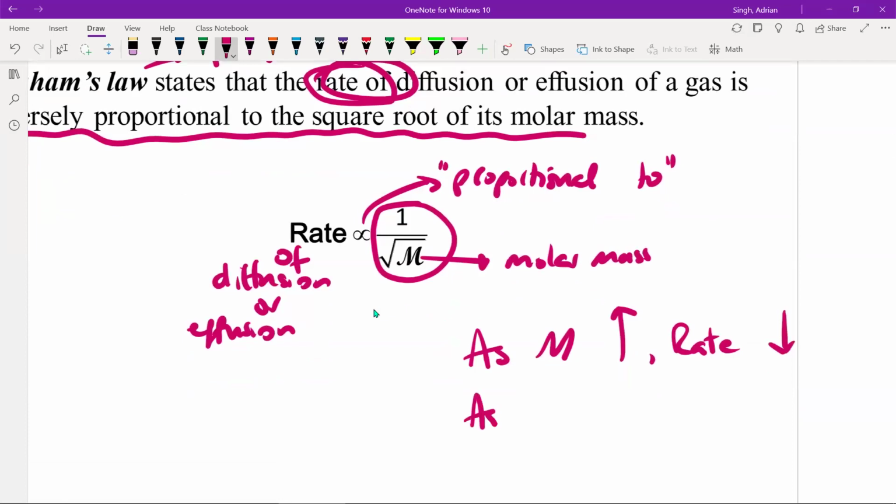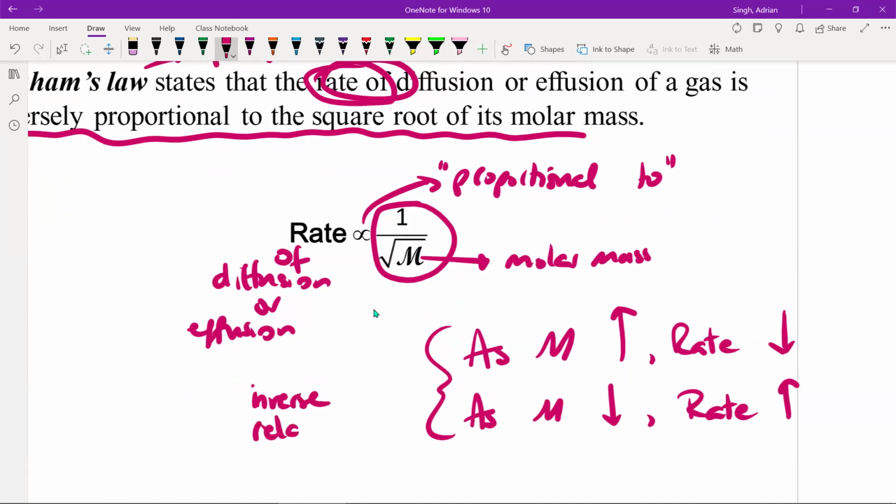We'll also see the opposite: as the molar mass decreases, the gas is smaller, it's lighter in other words, it would diffuse at a much greater rate or speed. This is an inverse relationship, and for an inverse relationship, if one thing goes up, the other thing goes down. In a direct relationship, if one thing goes up, the other thing goes up as well.